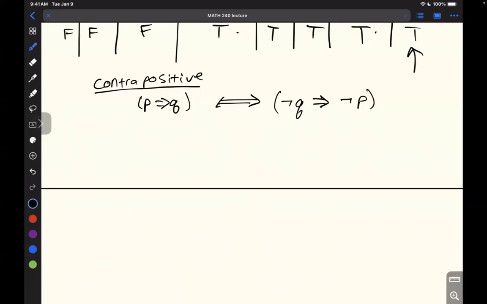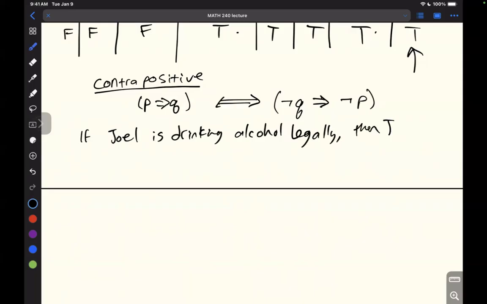So the example that the book has is, if Joel is drinking alcohol legally, then Joel is at least 21 years old, right?